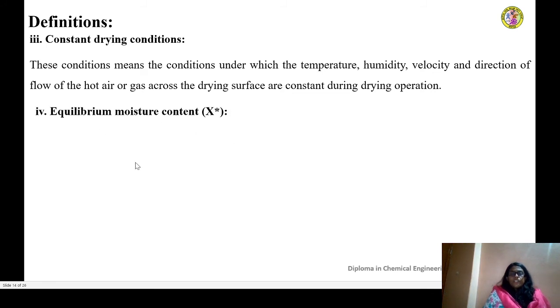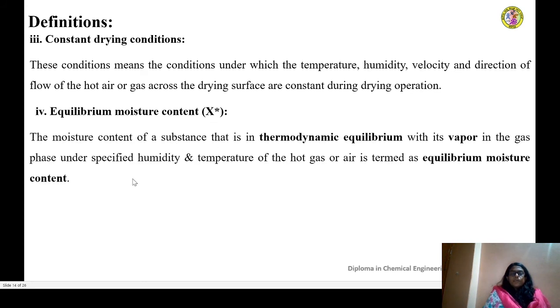So equilibrium moisture content, which is denoted by x star, is the moisture content of the substance that is in thermodynamic equilibrium with its vapor in the gas phase under specified humidity and temperature of the hot gas or air.